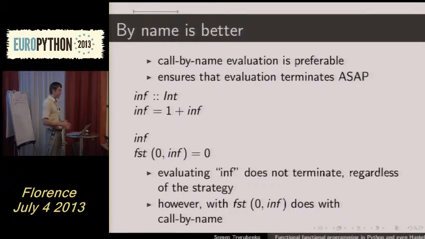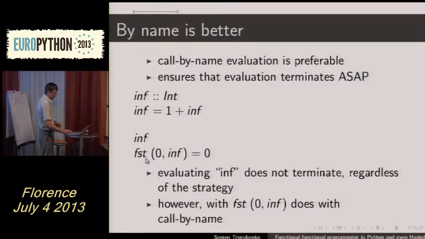By name is better because it has this funky property that evaluation terminates as soon as possible. So you can write, for example, an infinite expression like that. But if we try to evaluate it by just writing it out, it will never terminate. However, there is this function called fst that takes a tuple to its first element.